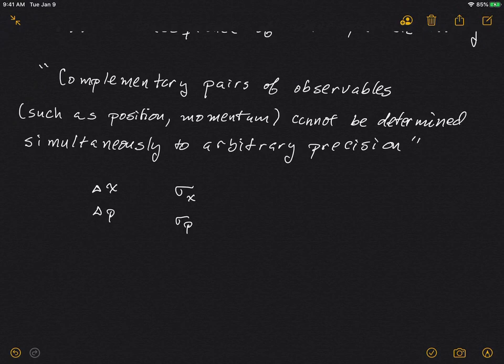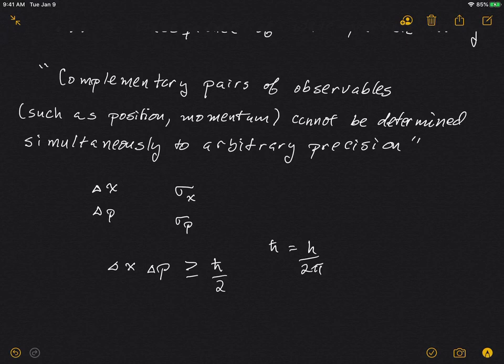And the Heisenberg Uncertainty Principle, stated mathematically in its simplest form, is that delta x times delta p, so the uncertainty in position times the uncertainty in momentum, has to be greater than or equal to h bar over 2, where h bar is h over 2 pi.